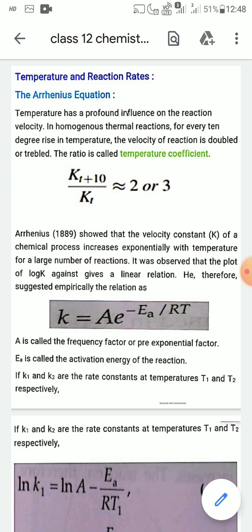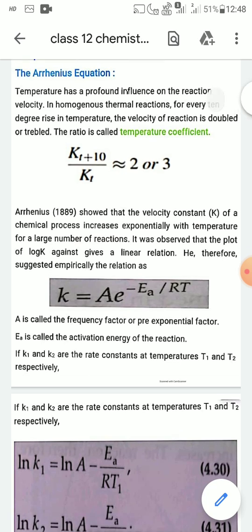The difference between these two temperatures is 10 degrees Celsius or 10 Kelvin. So K(T+10) divided by K(T) will be nearly equal to 2 or 3. That is, for every 10 degree rise in temperature, the velocity constant or velocity of the reaction doubles or triples.